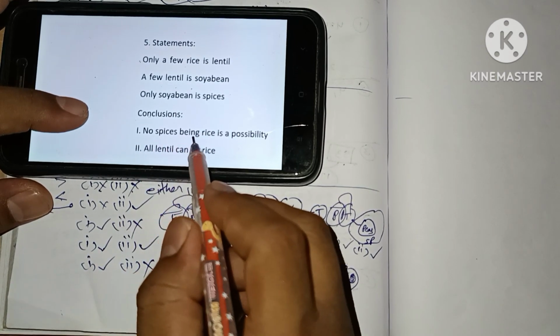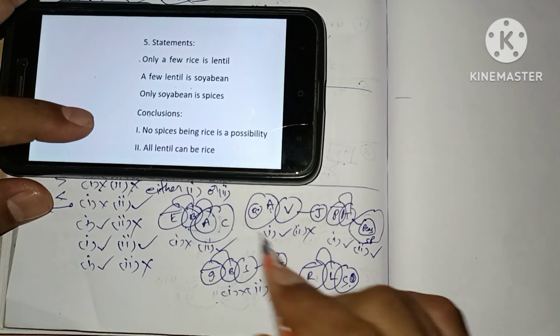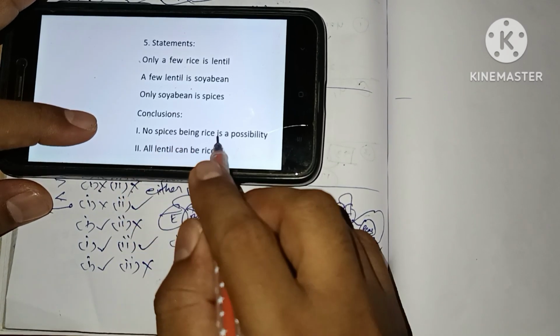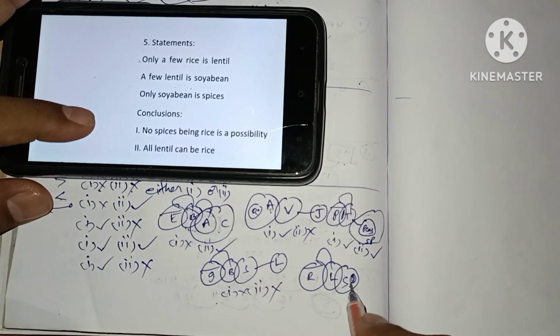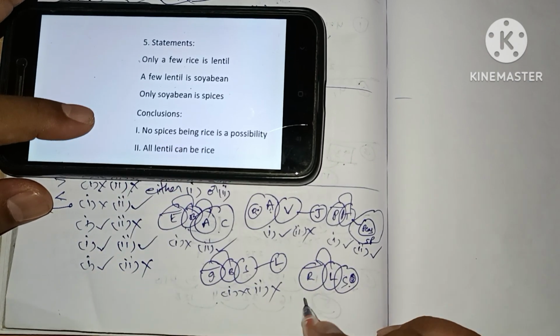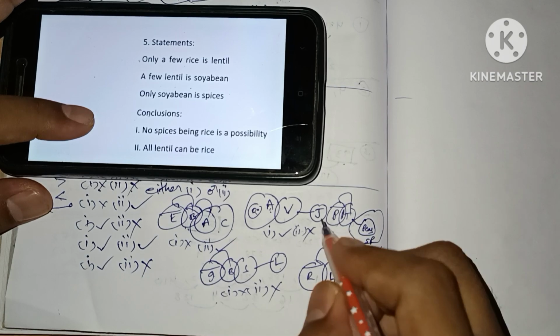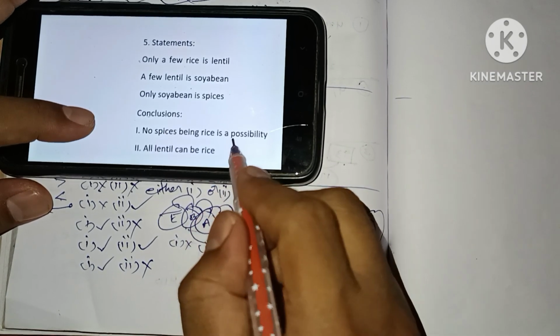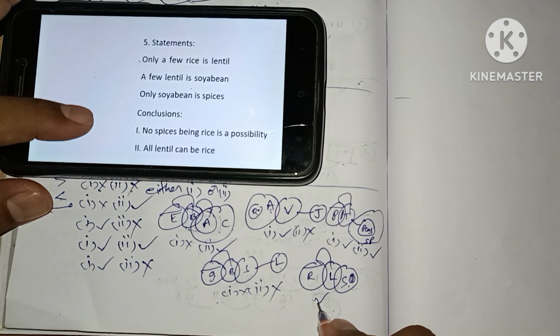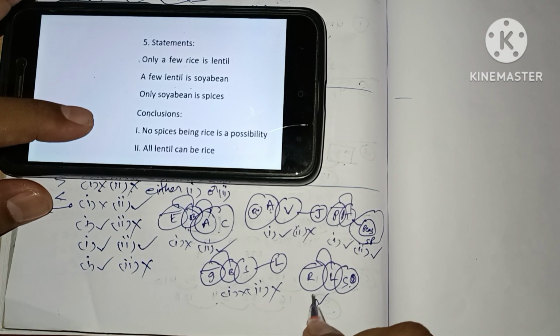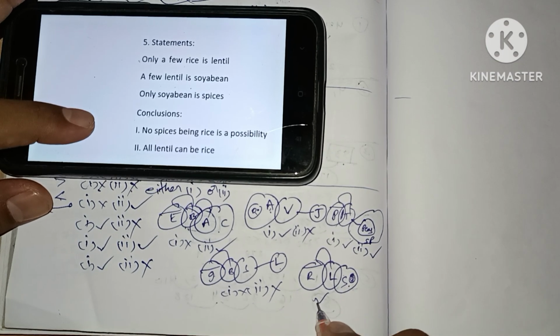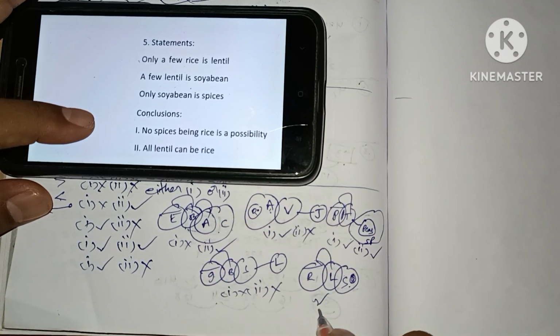No spice is rice means we check whether some spice can be rice or not. Some spice can share with the rice. It is not possible. If the some case fails, the no case will be true. The no case is true and it is saying possibility, which is already right. So the first conclusion will be false.